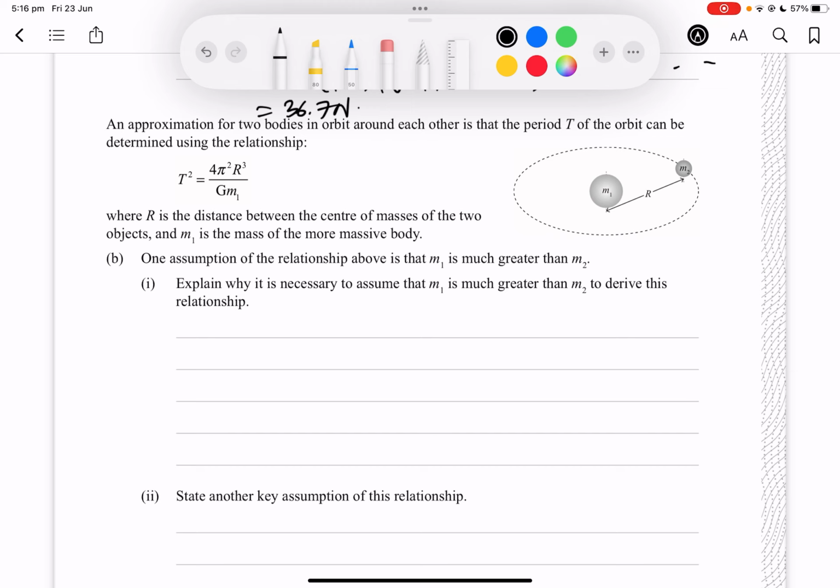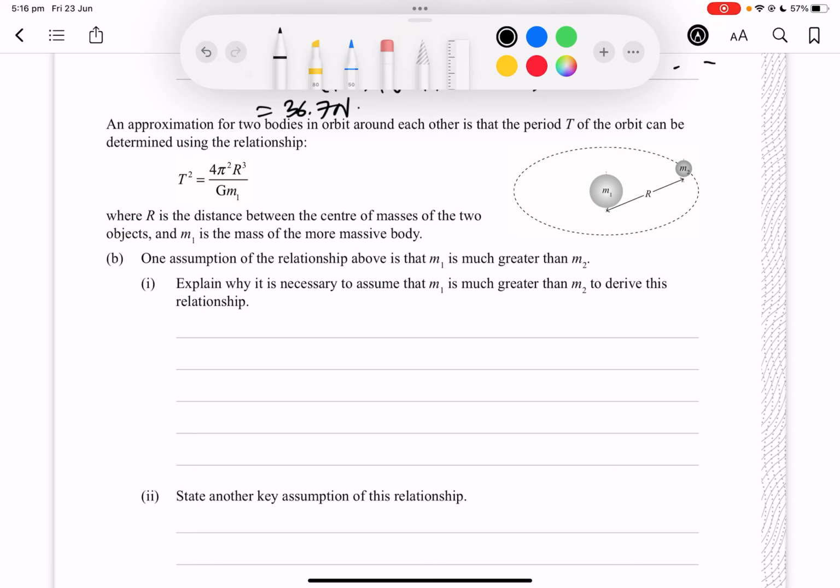So the assumption is that the movement of M1 is so small that it can be considered negligible, and therefore it's only M2 orbiting around M1 at a constant distance of r away from M1, which is equal to both the distance of the gravitational attraction and the radius of the circular orbit.